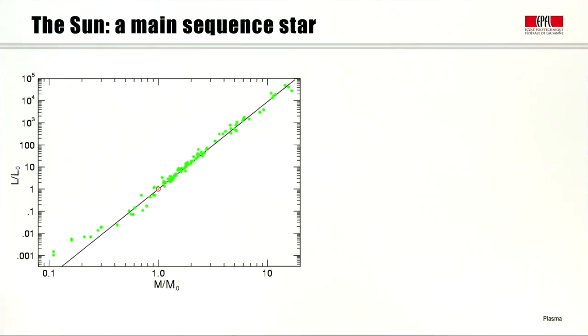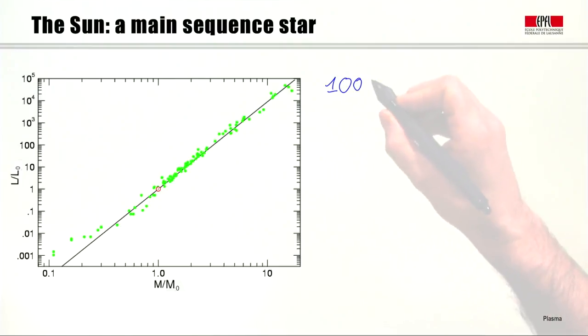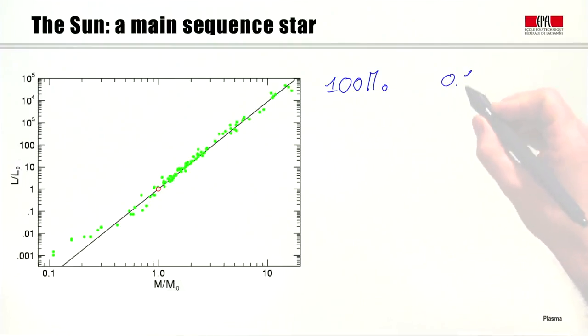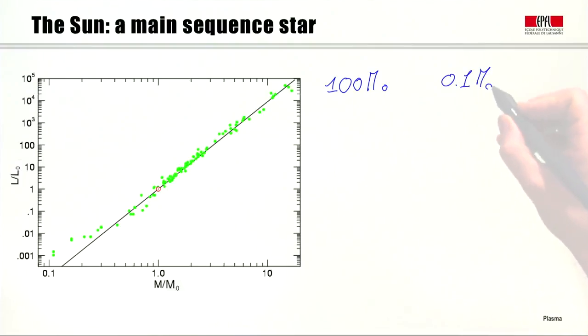The Sun is a main sequence star. That is a star that has been shining steadily for a fair amount of time. The largest mass observed for a main sequence star is approximately 100 times the mass of our Sun, while the lower limit is slightly below 0.1 times the mass of our Sun.